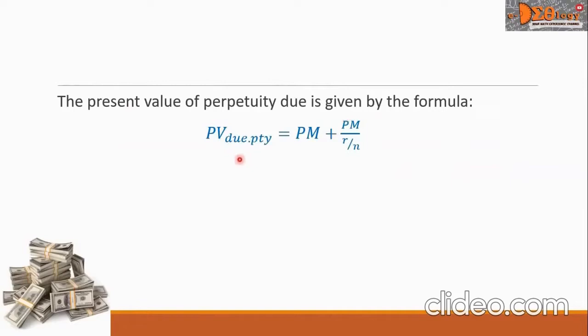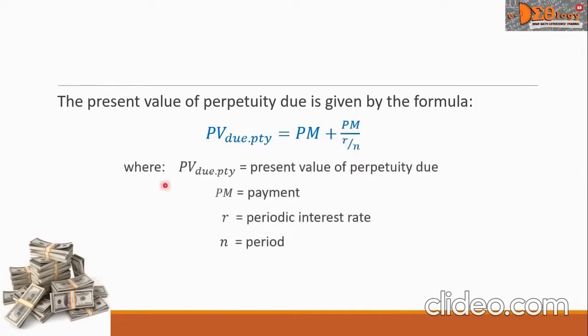PV sub perpetuity due equals PM plus a complex fraction here, where the numerator is PM and the denominator is another fraction that is R over N, where this PV means the present value of perpetuity due.